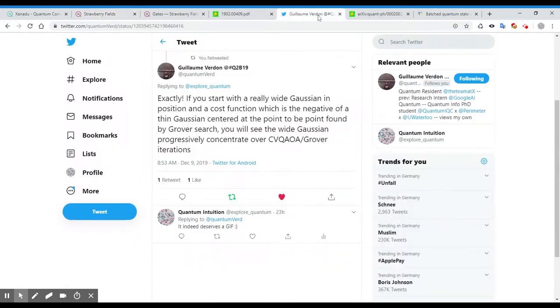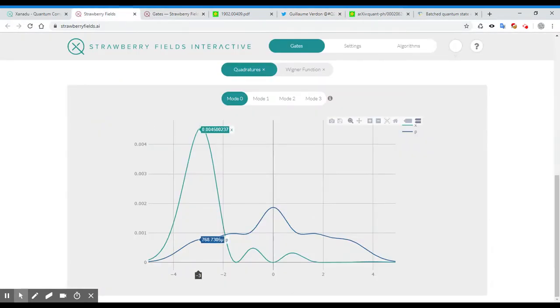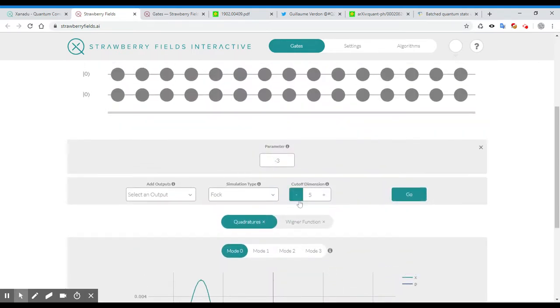I don't know what Guillaume means by negative of a thin Gaussian centered at the point to be found. Is it negative as in like it should be... No, because the point to be found is 3, right? So that's definitely not.